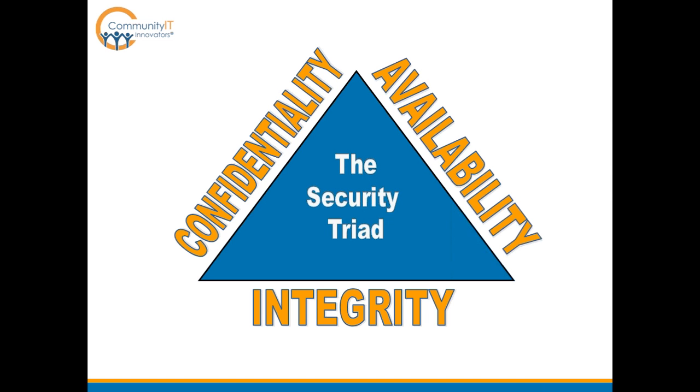And then the last thing is integrity. And I think this is the one that's the most overlooked. Here we're talking about the fact that you don't want your information to be modified incorrectly. Obviously a database is being modified all the time, but it might be important to be able to restore to an earlier version of that database.